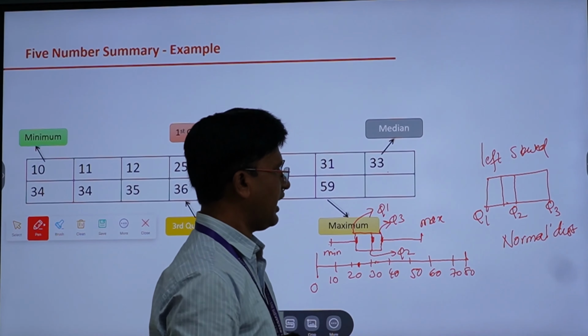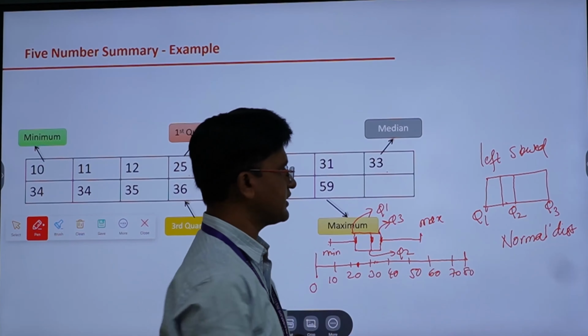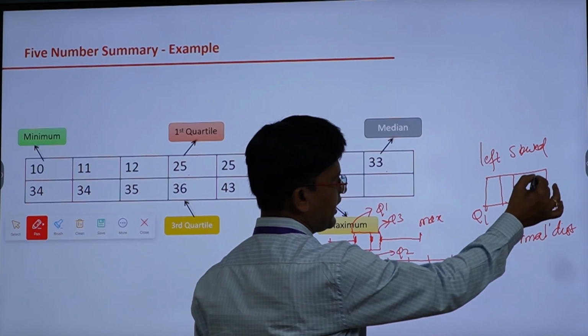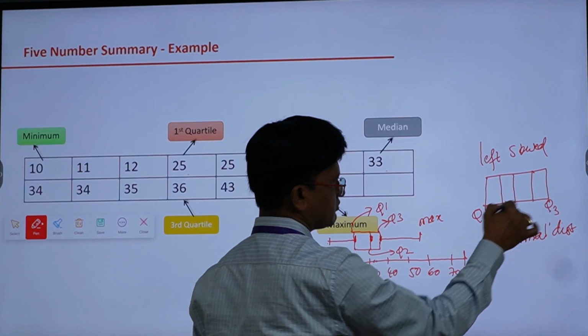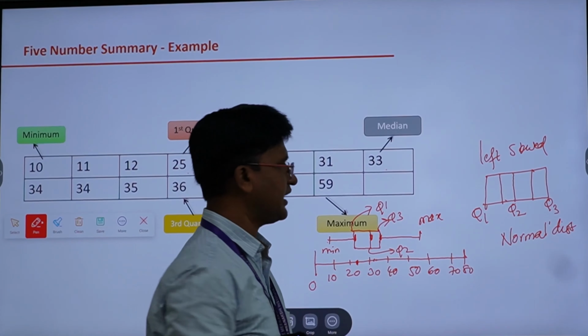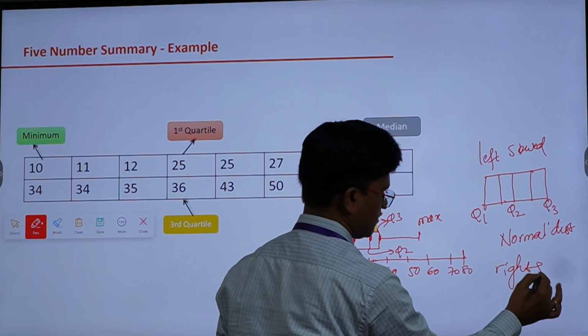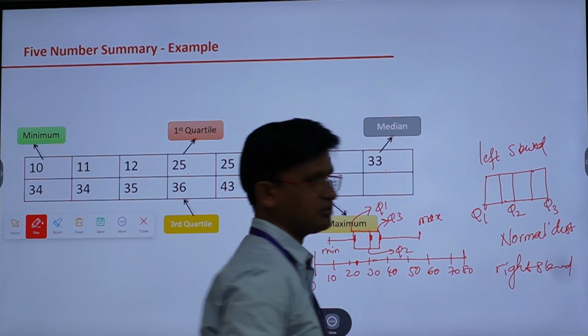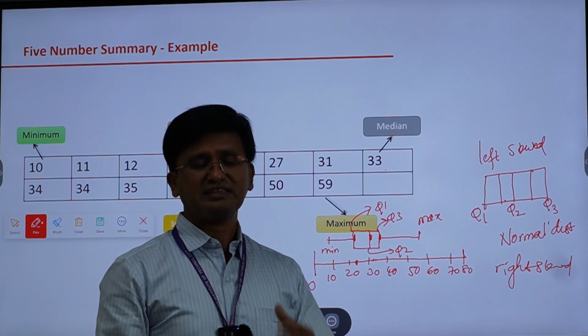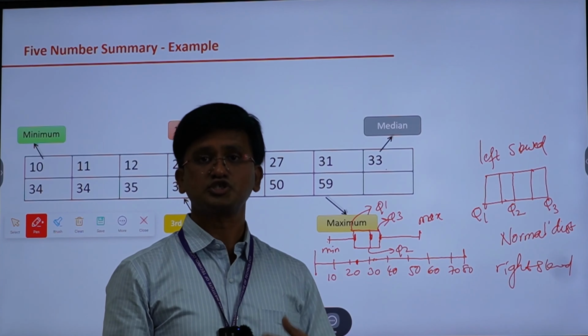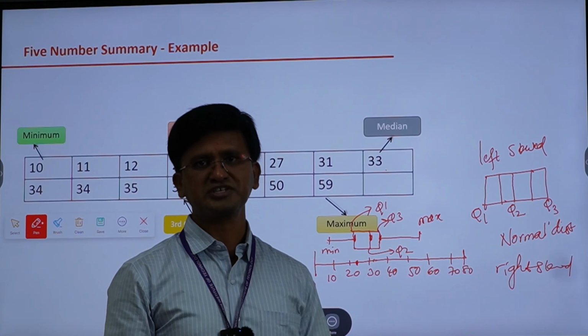Left skewed. And if our median is more than the mid position and close to Q3, then we can say it is right skewed. There is a skewness in your data. Right skewed. Like this, we can find out if there is any skewness or if our data points are normally distributed.